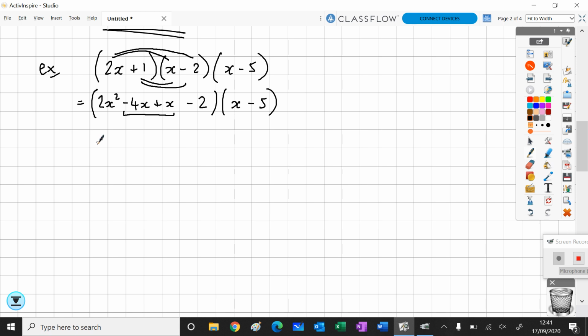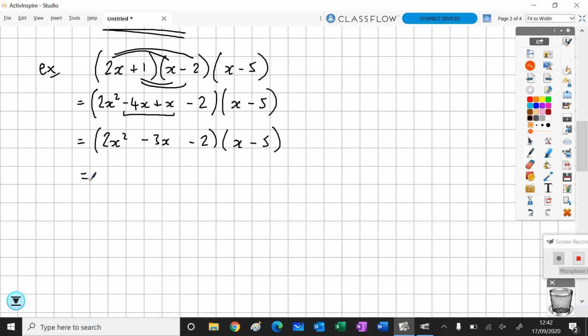That's unwieldy. It's inelegant. So we take an extra line to simplify those 2 like terms, so that now when we multiply these 3 terms by those 2 terms, we will get 6 terms. Much better than the 8 terms we would have got out of here.